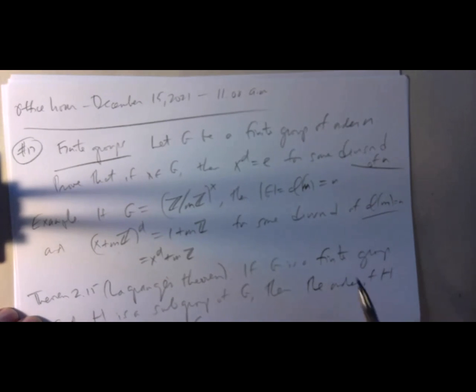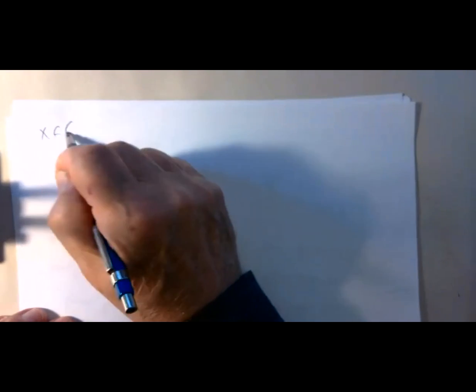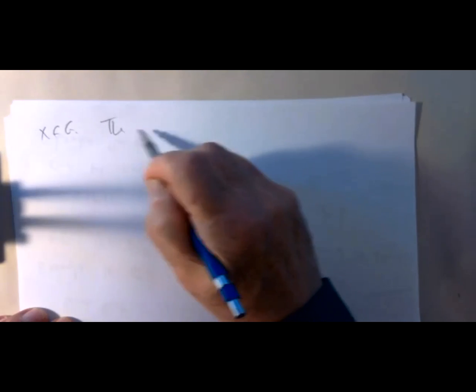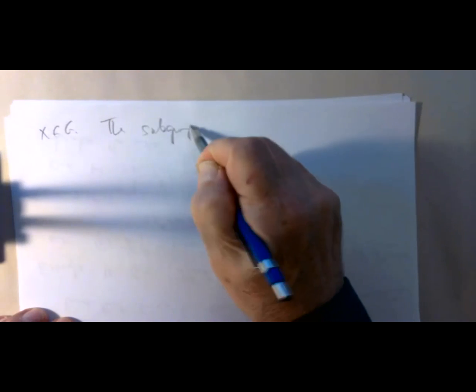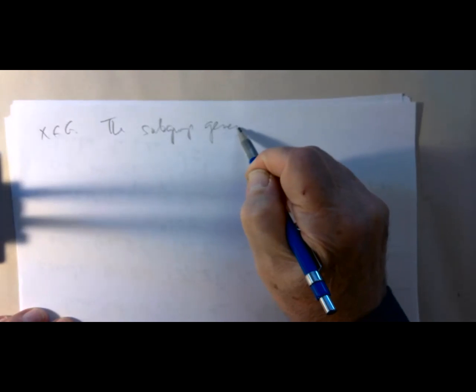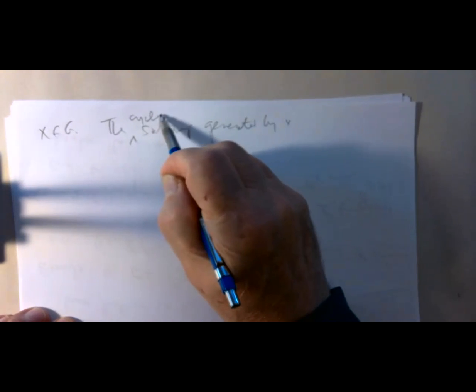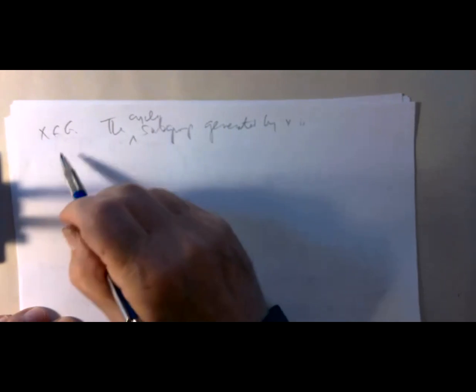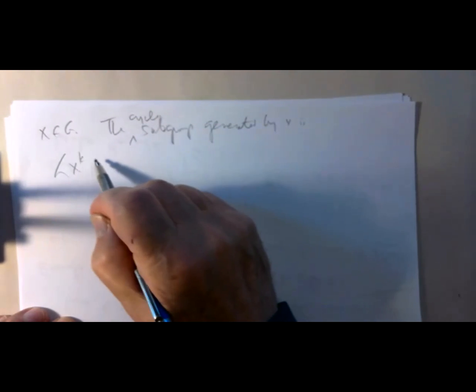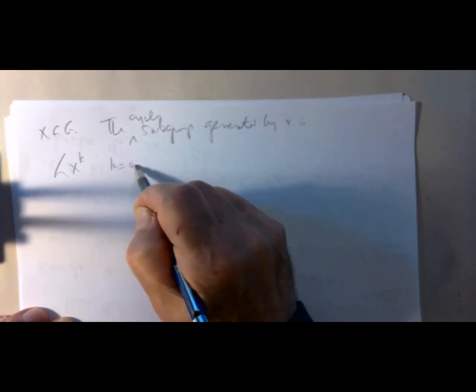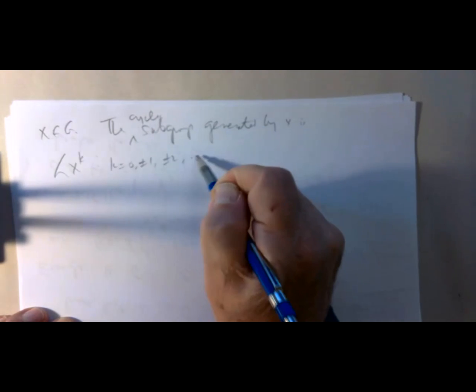And what I'm asking you to prove in this problem is a special case of this, because suppose we take x in G. So the subgroup generated by x, which is what we call a cyclic subgroup, is the set of all powers x to the k, k 0, plus or minus 1, plus or minus 2 and so forth.